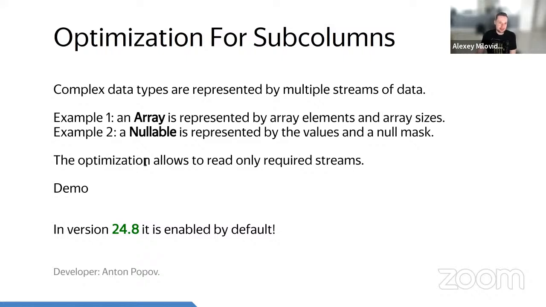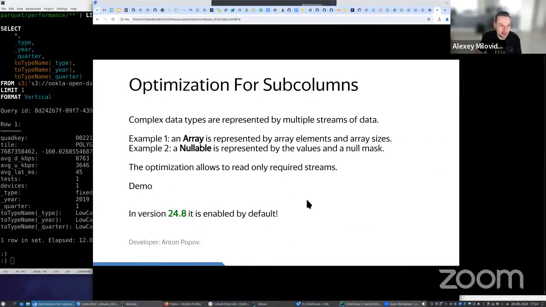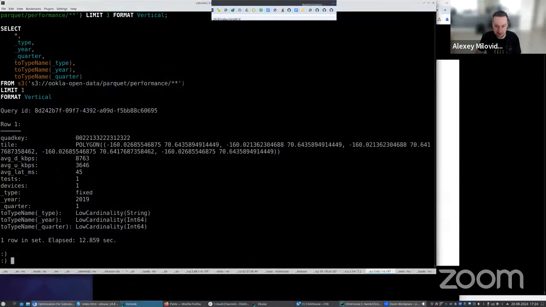For example, arrays are represented by their elements and the sizes of each array. And now we have an optimization that allows reading only a subset of these streams. Actually, we used to have this optimization a long time ago, but it was not enabled for reasons. And for other reasons, it is enabled.